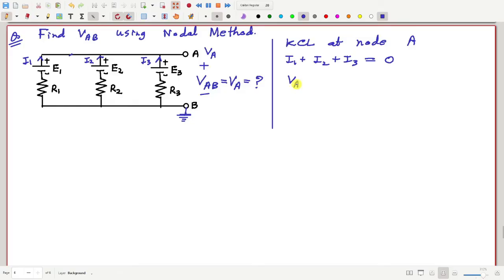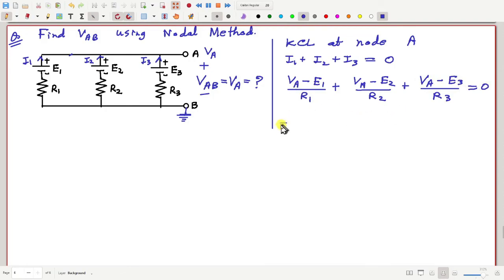VA minus E1 by R1 is I1. Similarly, VA minus E2 by R2 is I2 and VA minus E3 by R3 is I3. Together they add up to 0.